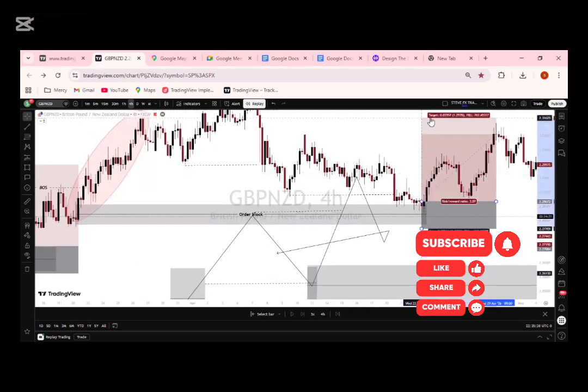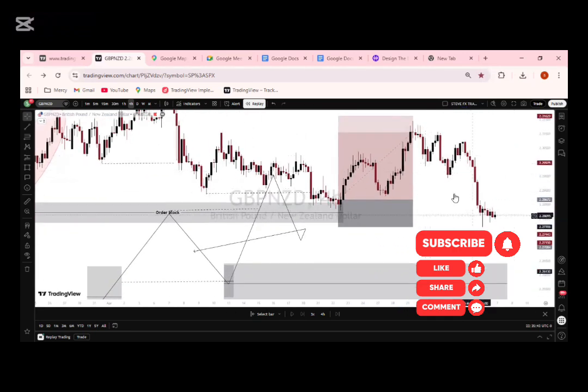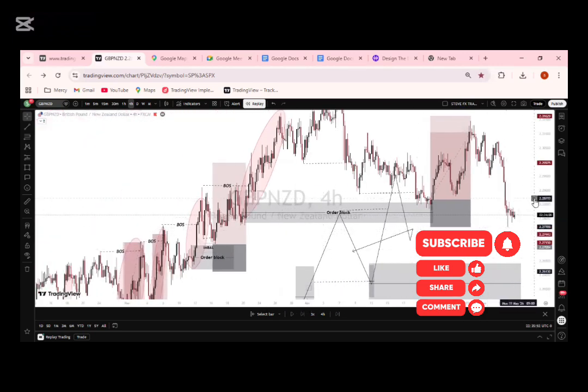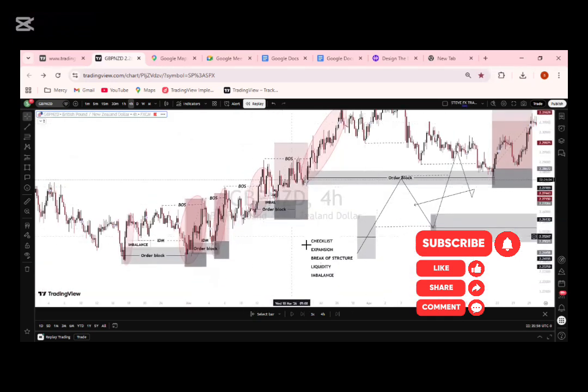So if you are applying this concept with about 1:3 risk to reward ratio, currently the market is reversing, but that is it. So by applying or following this particular concept, you can see the probability.